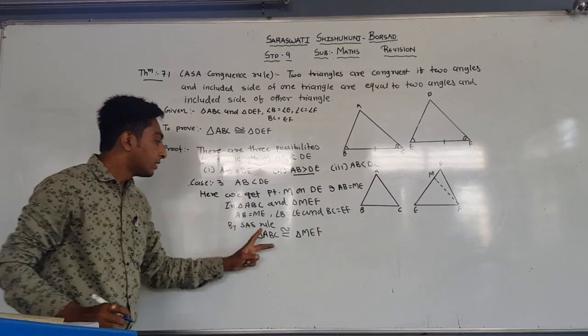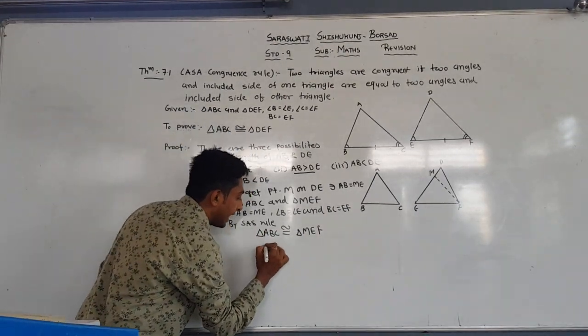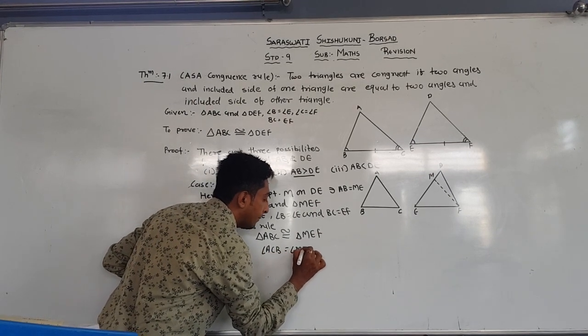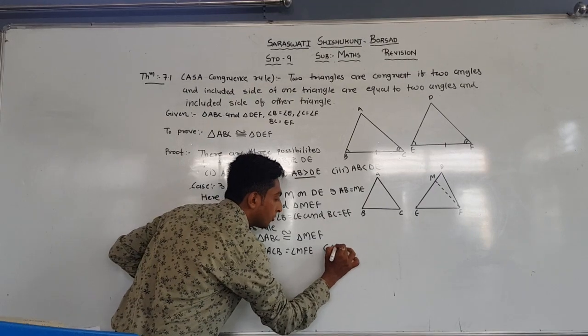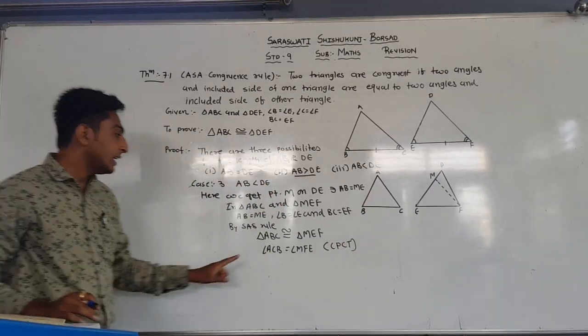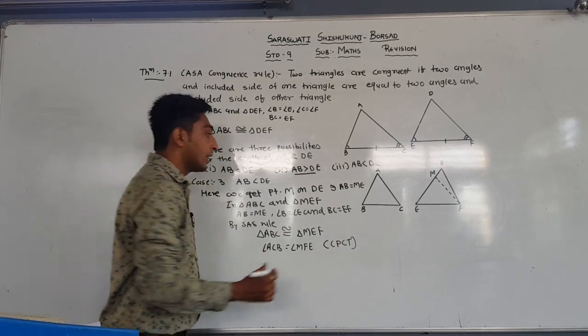Now if two triangles are congruent, then can I say that angle ACB equal to angle MFE? Here I have to write the word CPCT, corresponding parts of congruent triangles.